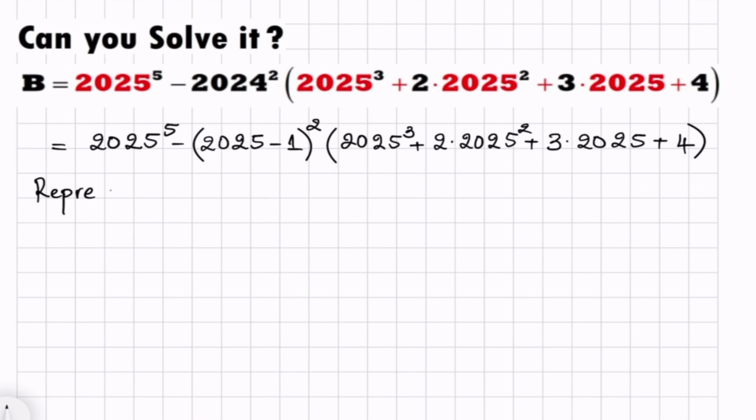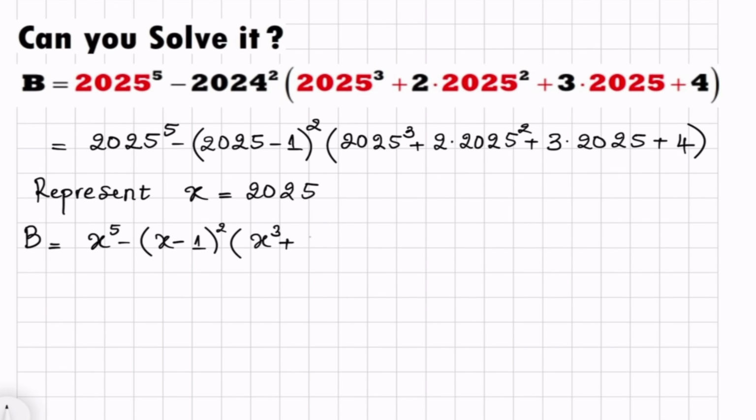Okay, so let x equal to 2025, because when we let x equal to 2025, it is easy for us to write and makes the expression smaller. So then we will get b equal to x to the power 5 minus (x minus 1) squared times (x cubed plus 2 times x squared plus 3 times x plus 4).